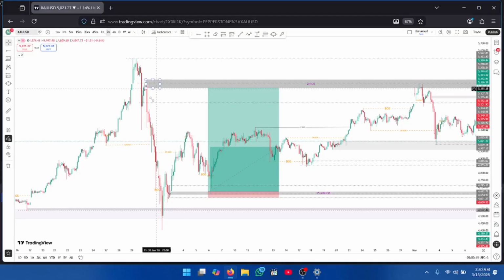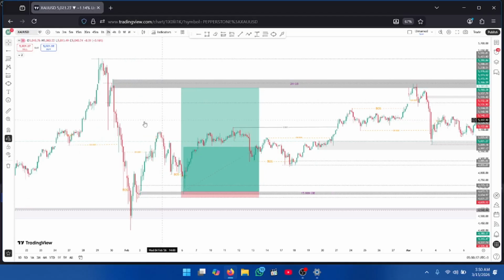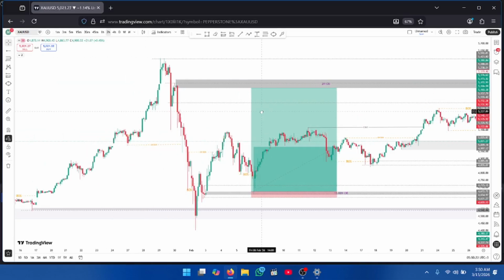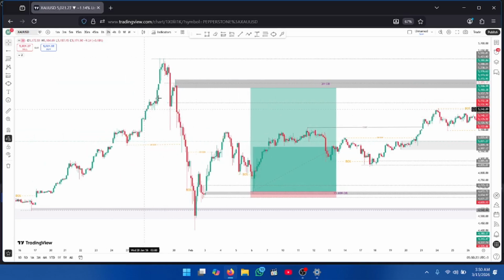You can clearly see that, as we said before mapping our zones, you're supposed to see an abrupt sell or an abrupt buy. After forming this block here, the market abruptly sold from this zone.